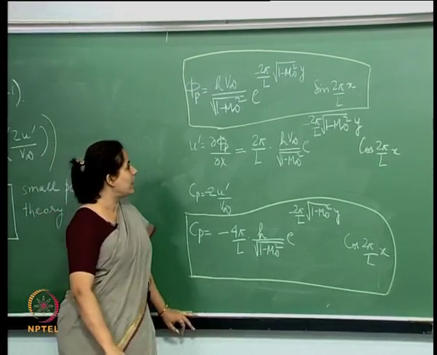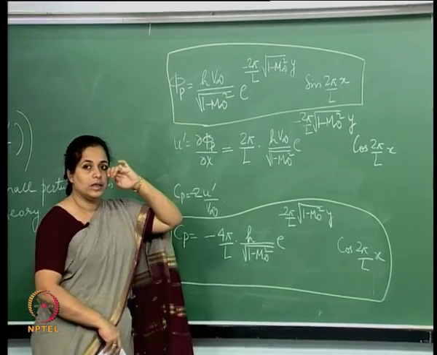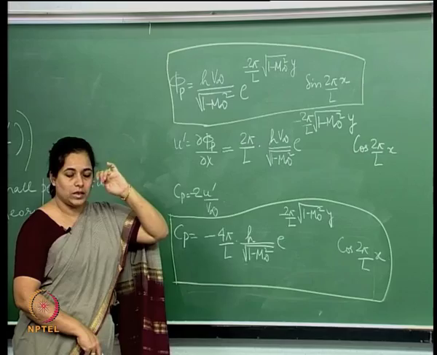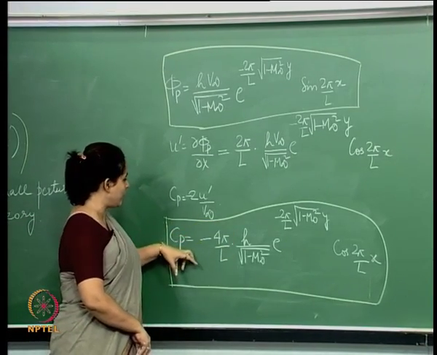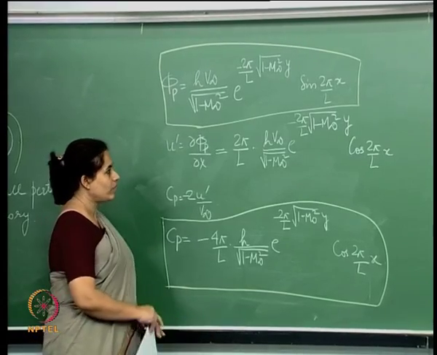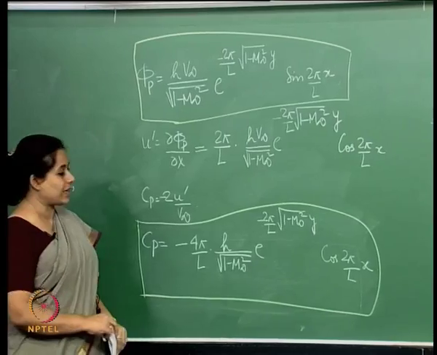Now let us see how this looks. So this is giving us a feel for the velocities, and this is giving us a feel for the pressures. So let us see physically what this actually means.